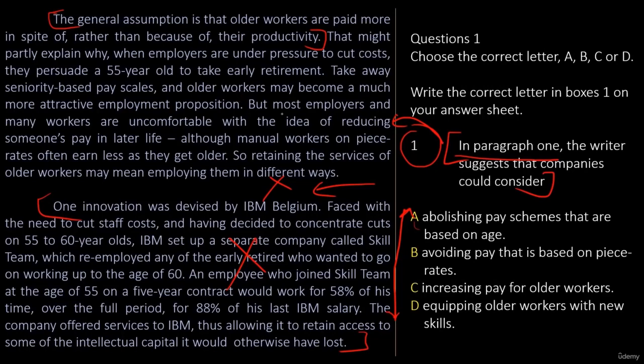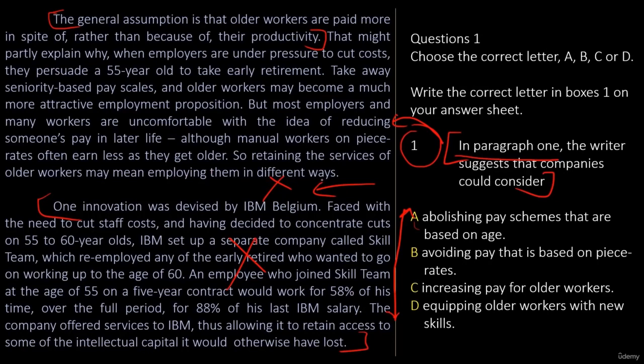But most employers and many workers are uncomfortable with the idea of reducing someone's pay in later life, although manual workers on piece rates often earn less as they get older. Right, that means manual workers are earning less when they get older, right? So retaining the service of older workers may mean employing them in different ways.